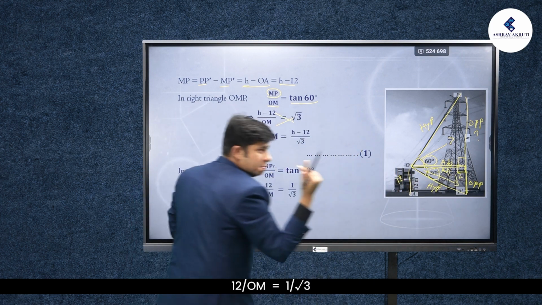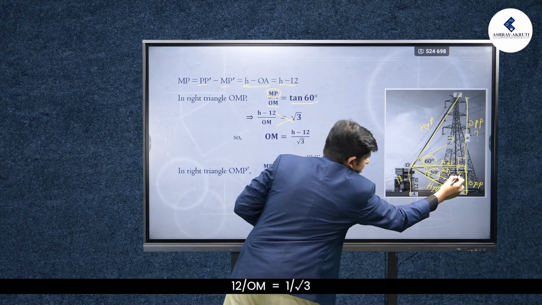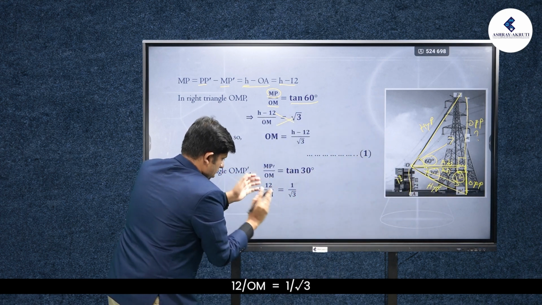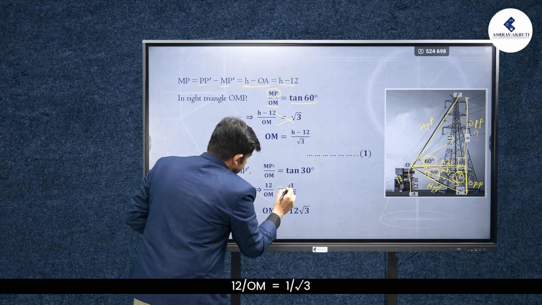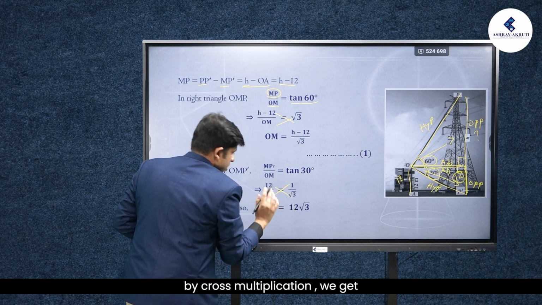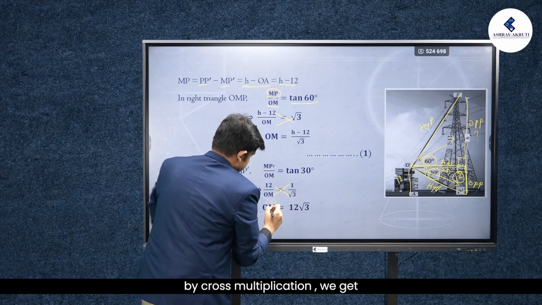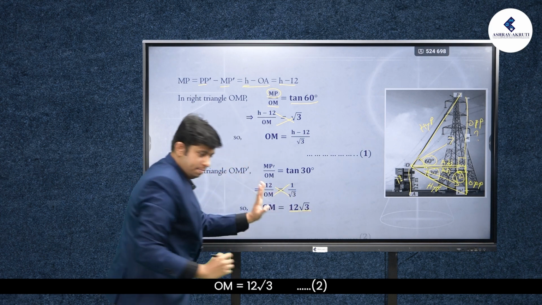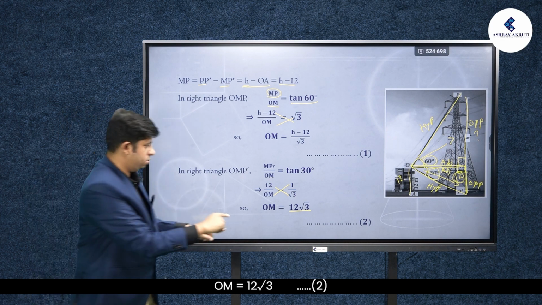Twelve by OM is equal to 1 by root 3. By cross multiplication, we get OM is equal to 12 root 3. Consider it as 2.